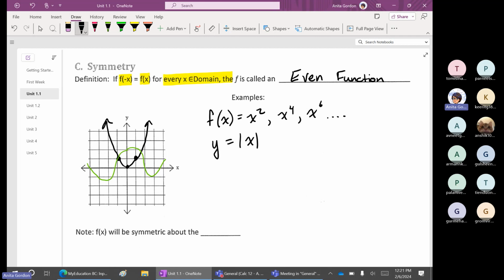That V shape is also symmetric. Y equals cosine gives us a wave where the center of the wave is on the y-axis and it waves out the same on each side. Okay, so it is symmetric about the y-axis.